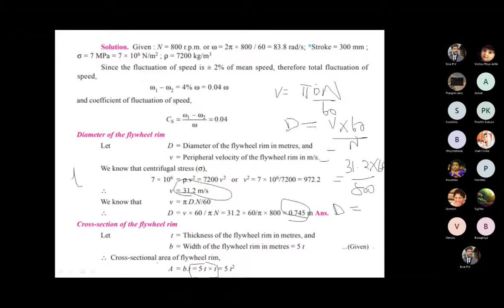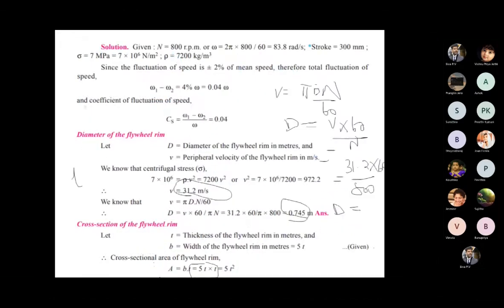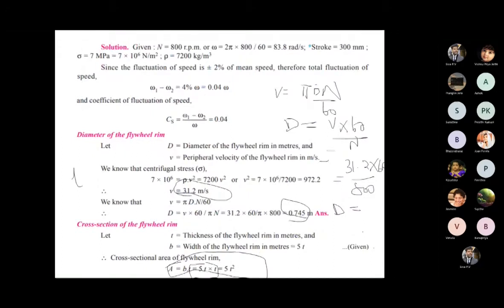So a equals 5t square. We want to find b and t, but so far we have found a equal to 5t square only. We don't know the values of b and t.